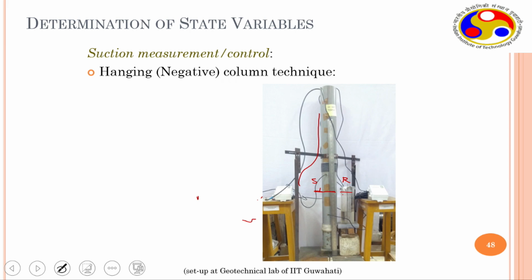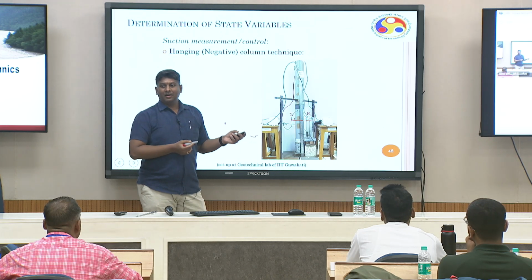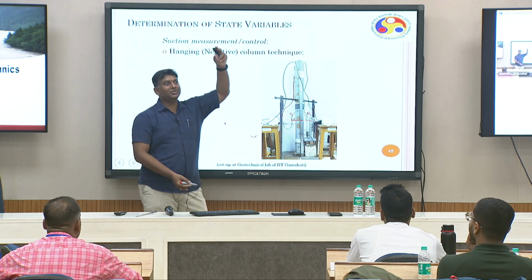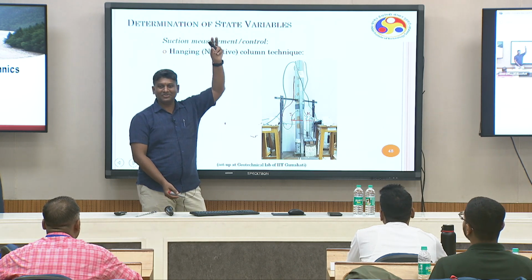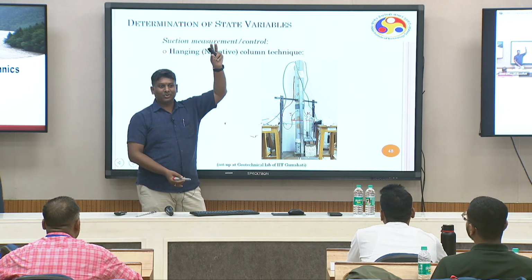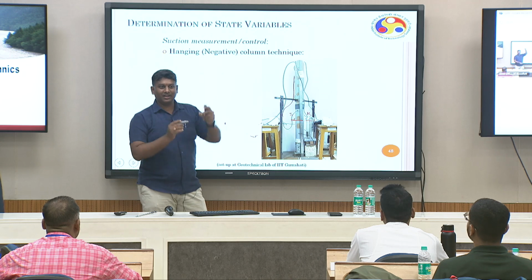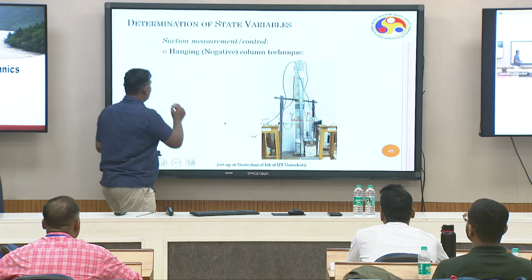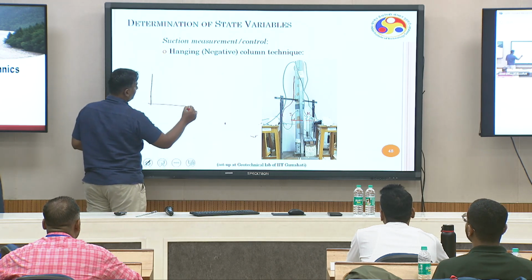So that way I can establish the soil water characteristic curve simply for sandy soils using the hanging column method or negative column method, correct? But this is suitable only for such soils, because even a 2 meter column itself is difficult. That means within 20 kilopascal the entire SWCC should be established, correct?